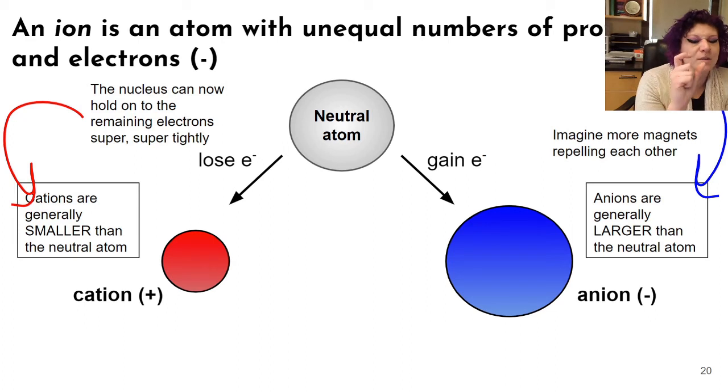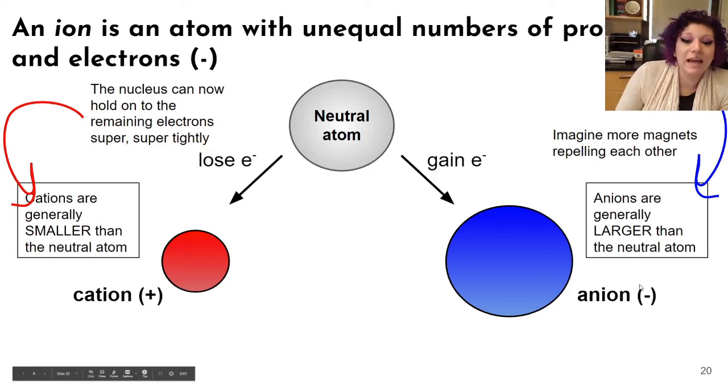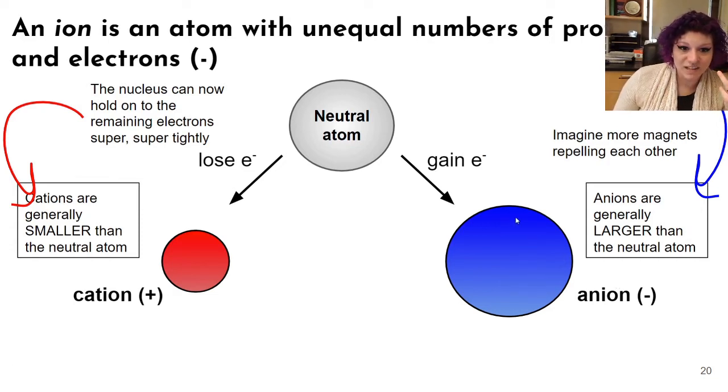The atom's going to get slightly smaller. The way I remember this is that I always think of cats as pretty small, at least compared to dogs. So cations get smaller.